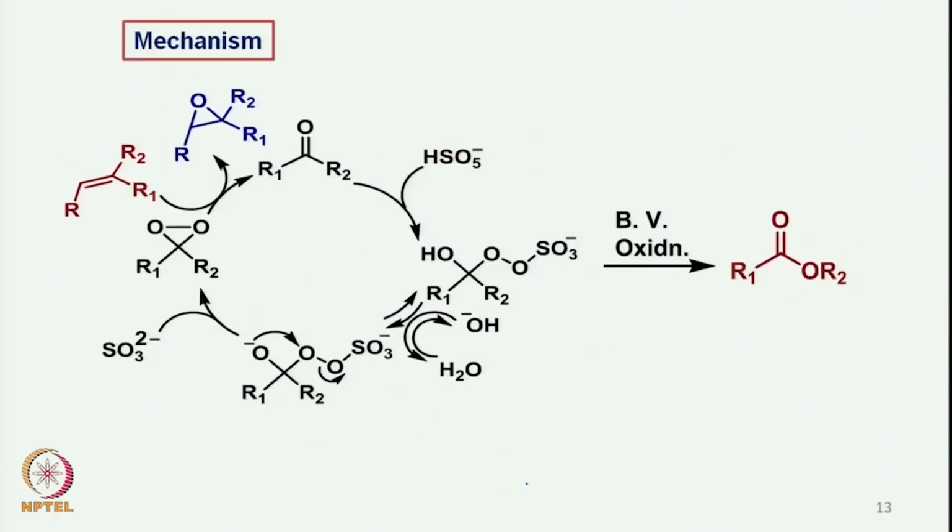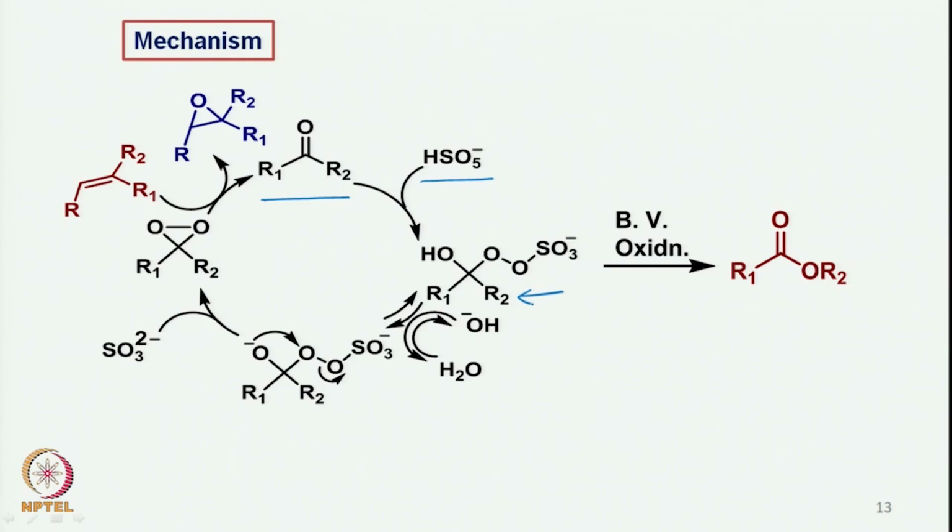What is the mechanism of the reaction that is taking place by using this oxone to form the corresponding epoxide? What happens is that it starts with the ketone, whichever ketone that you start with, it reacts with the oxone, that is mainly the monoperoxy potassium persulfate, and that reacts with the ketone to form this particular intermediate.